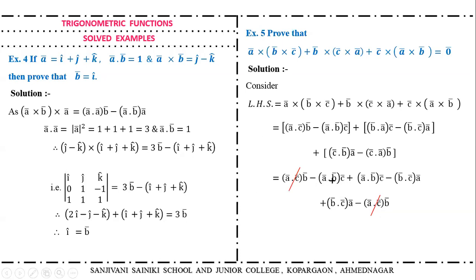Then minus A bar dot B bar into C bar and plus A bar dot B bar into C bar, these two also cancel each other, and the third pair also cancels, and you get the product to be 0. So by this way we reach the right hand side.